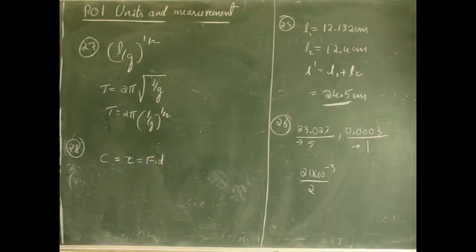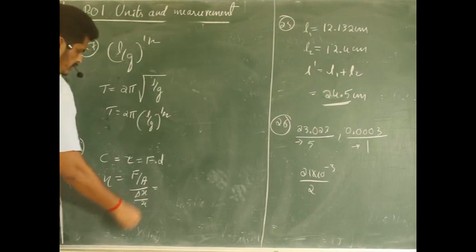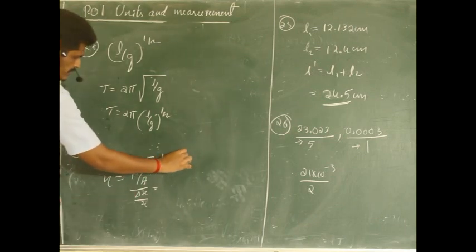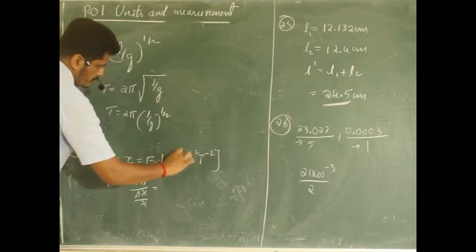And next what they have asked here, eta means rigidity modulus, that means given by stress by strain, correct? So I will take change in dimension divided by original dimension. So stress by strain, force by area. So I can write down the dimension formula for that, and dimension formula for couple. Yes, of course. This is ML square T minus 2, same as that of energy.